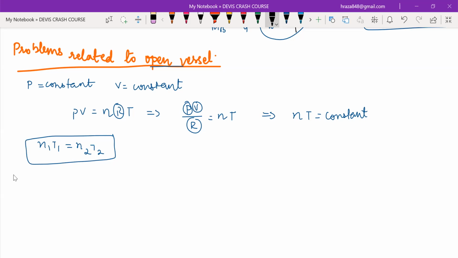So there is a question on this topic. An open vessel contains air at 27 degrees centigrade.